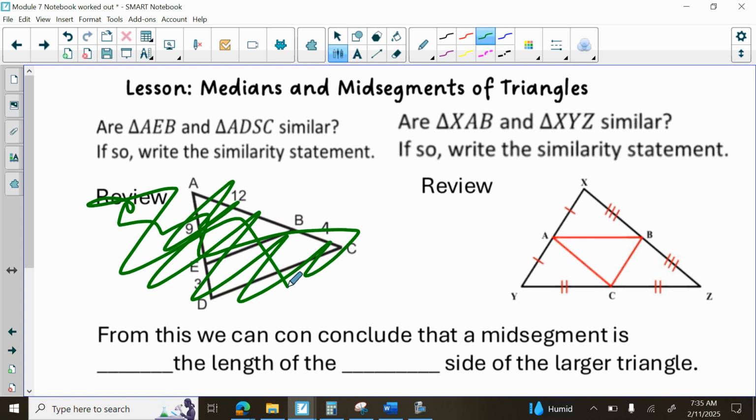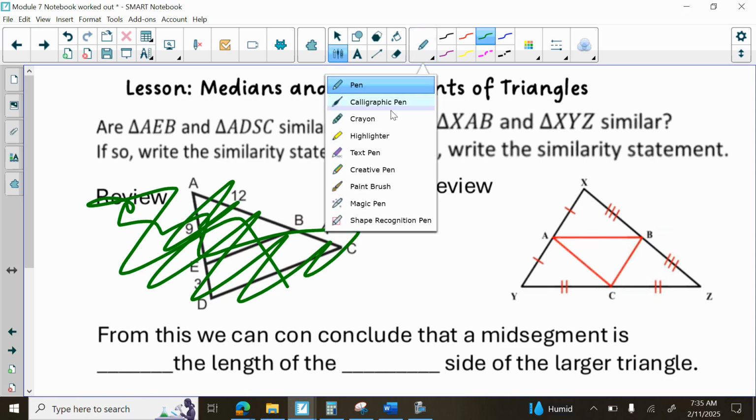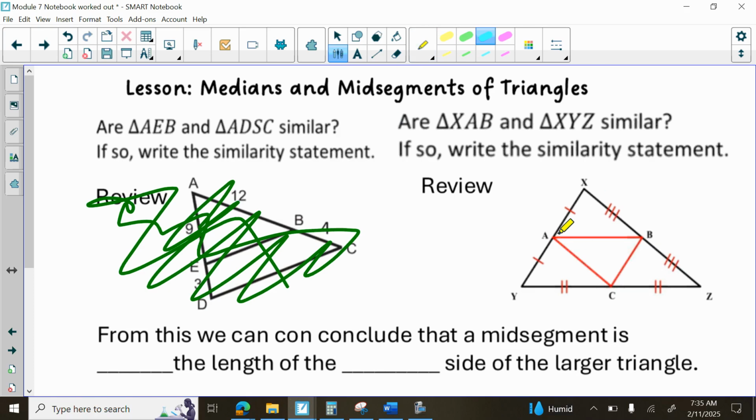So a mid segment, for instance, AB is a mid segment because it goes from one midpoint to another midpoint of a triangle, right? A is the middle of XY and B is the middle of XZ.